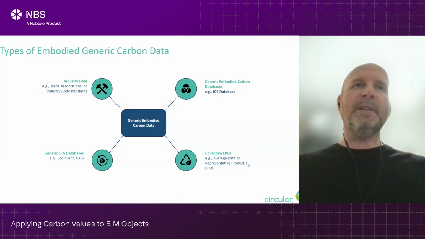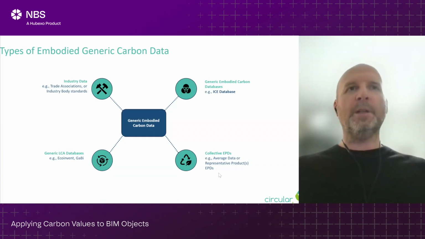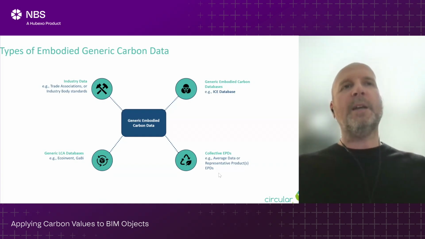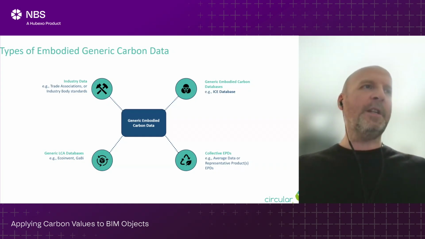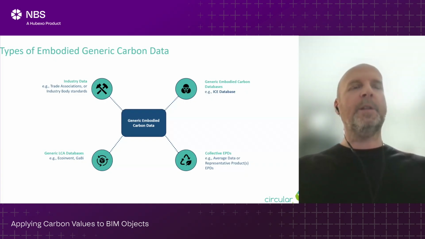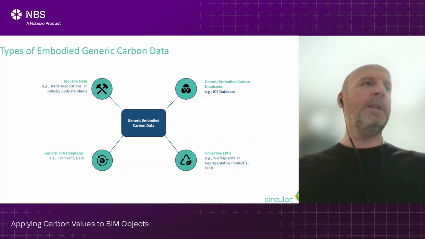We also have collective EPDs, environmental product declarations that might represent average or representative product data, often published by trade associations or industry bodies. Then we have generic LCA databases on the left there. Key databases are EcoInvent and GaBi, which are used for most of the EPDs out there. So there are various data sources for generic embodied carbon data that are really useful if you want to quantify the whole life carbon of your building project.